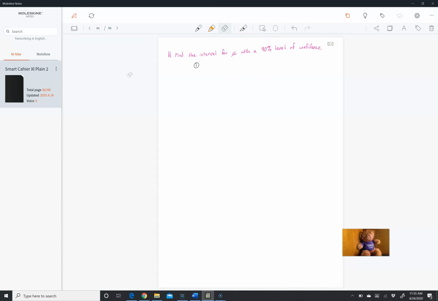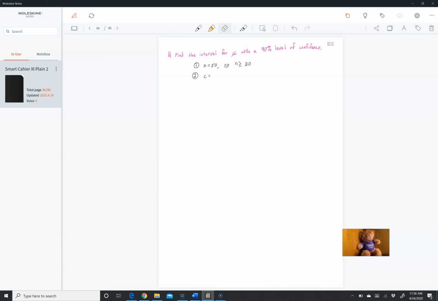So our first step is to check for the normal distribution. Again, if n is greater than or equal to 30, then we're saying it approximates a normal distribution. This is just greater than or equal to. Okay, that's the first thing.